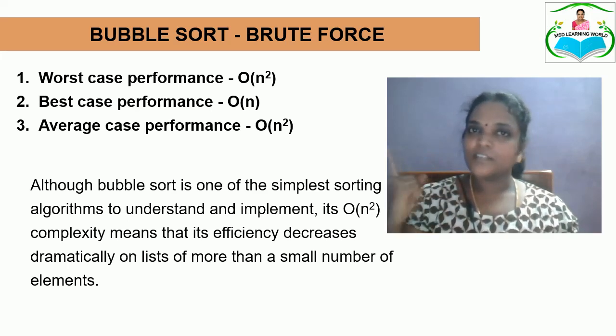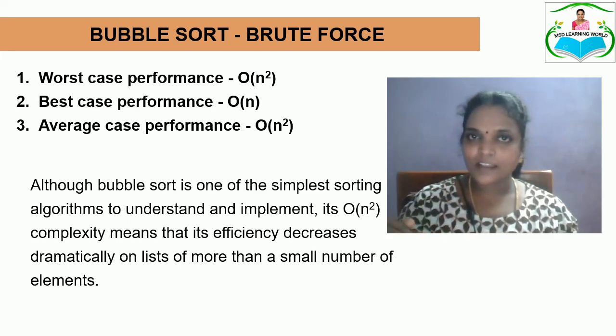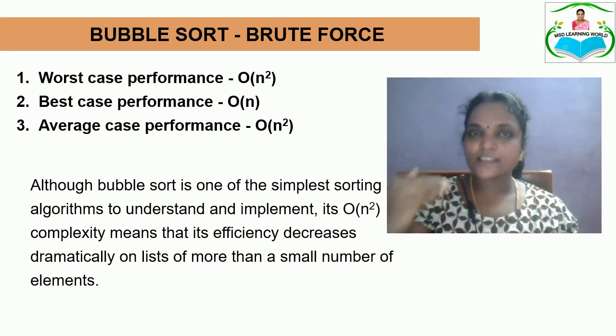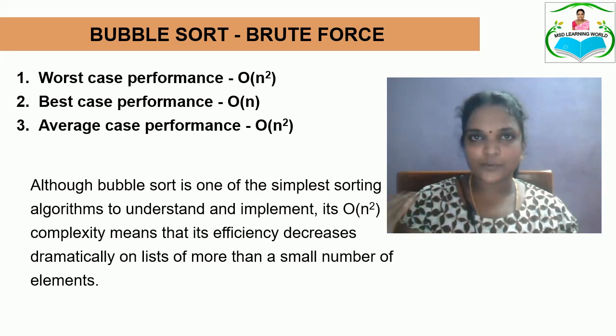So the time complexity for the average case analysis is also order of n square. So the worst case and the average case complexity is order of n square, and the best case complexity is order of n for the brute force sorting.